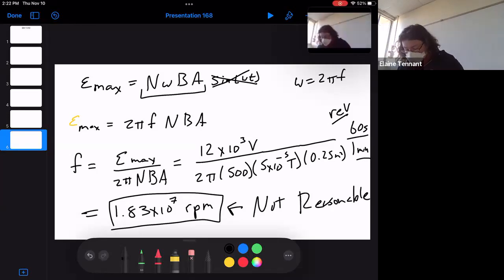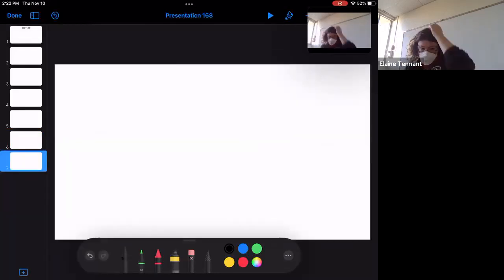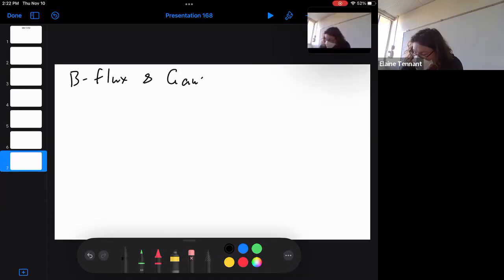Okay. Then I want to wrap this up by talking about magnetic flux and Gauss's law, where this is really something we're going to come back to when we get to the end of this class, but I kind of want to prep this.